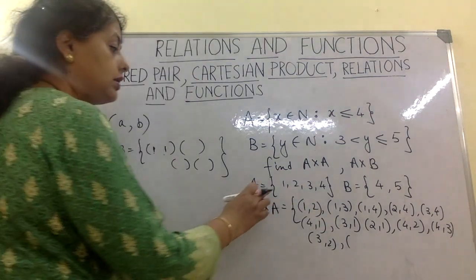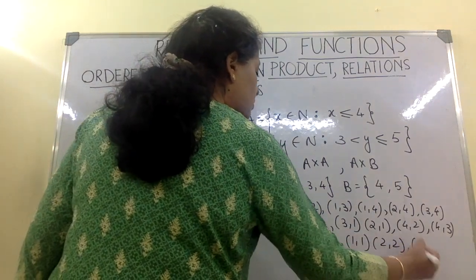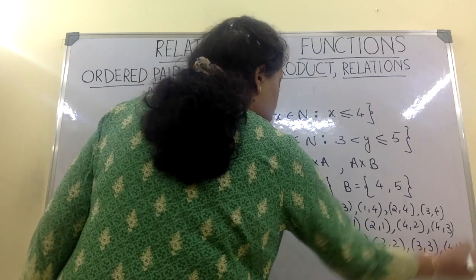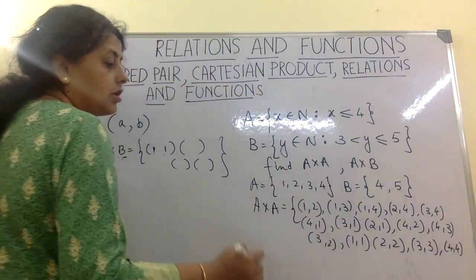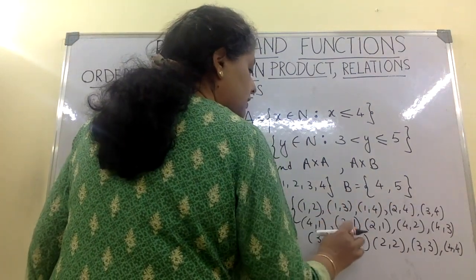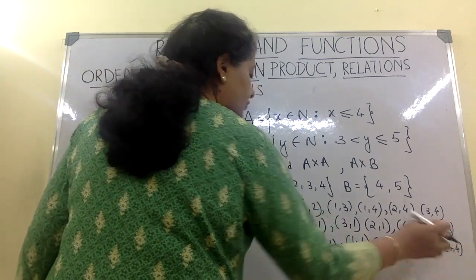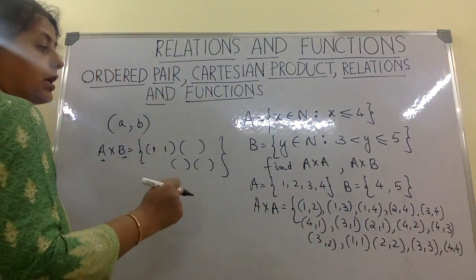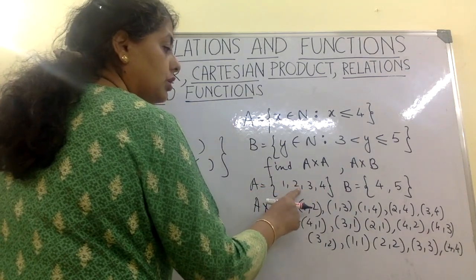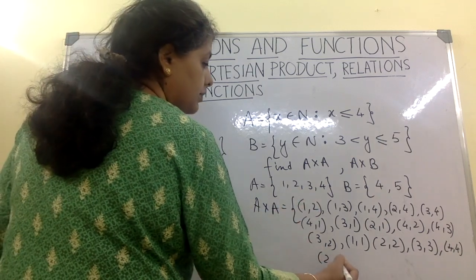Now we need 1 comma 1 also, 2 comma 2 also, 3 comma 3 and 4 comma 4. So let me see how many we got. We got a total of 1, 2, 3, 4, 5, 6, 7, 8, 9, 10, 11, 12, 13, 14 and 15. We need one more. 2 comma 3 is missing.